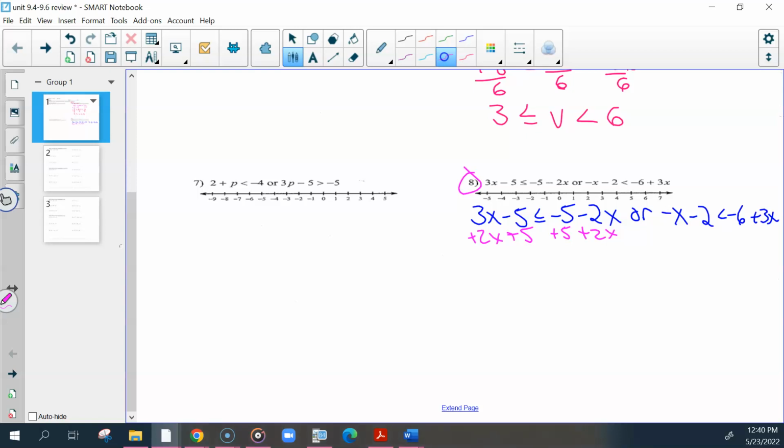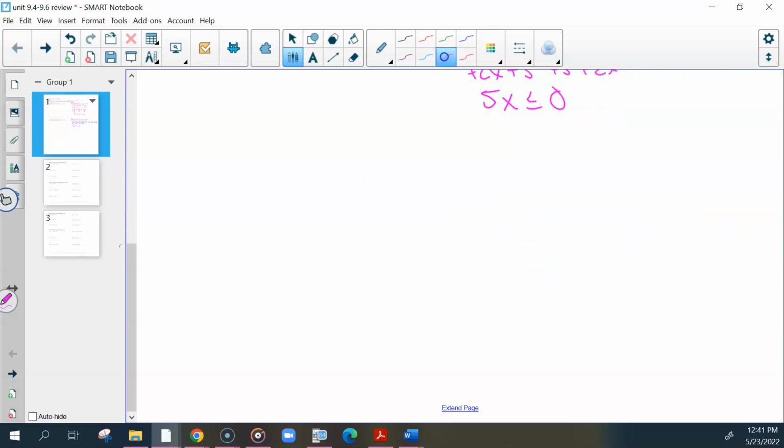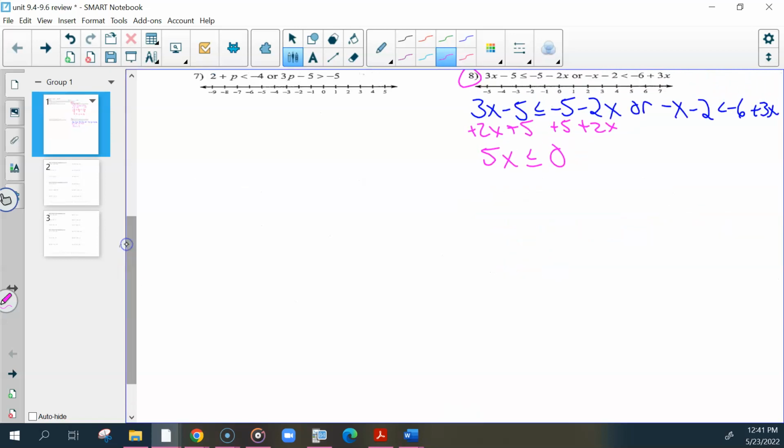So that would give us 5x is less than or equal to 0. And then I could divide both sides by 5. So x is less than or equal to 0.